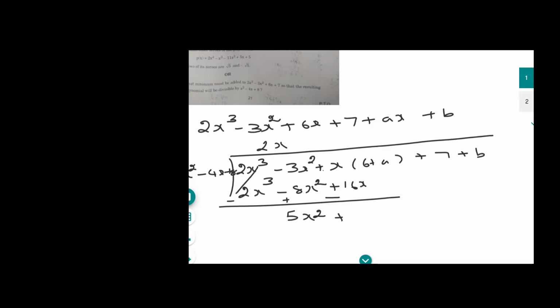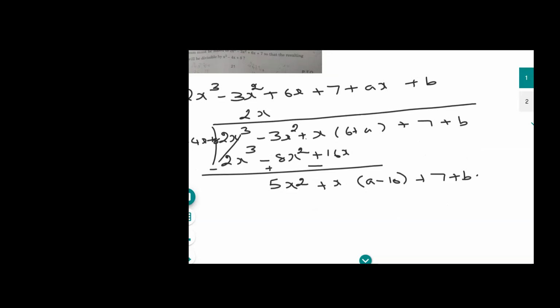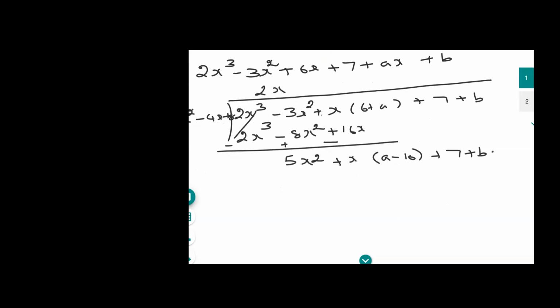So this would give you plus x into a minus 10 plus 7 plus b. Now this can be divided by 5. So that would give you 5x squared minus 20x plus 5 8s are 40. So let us put the 40 here.